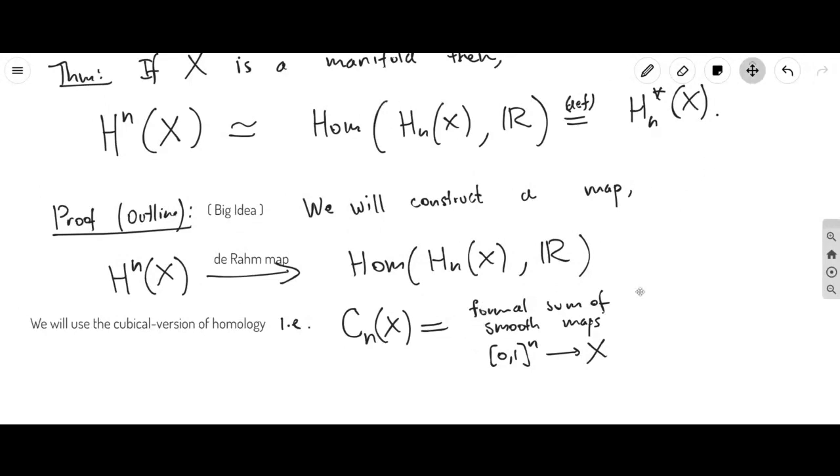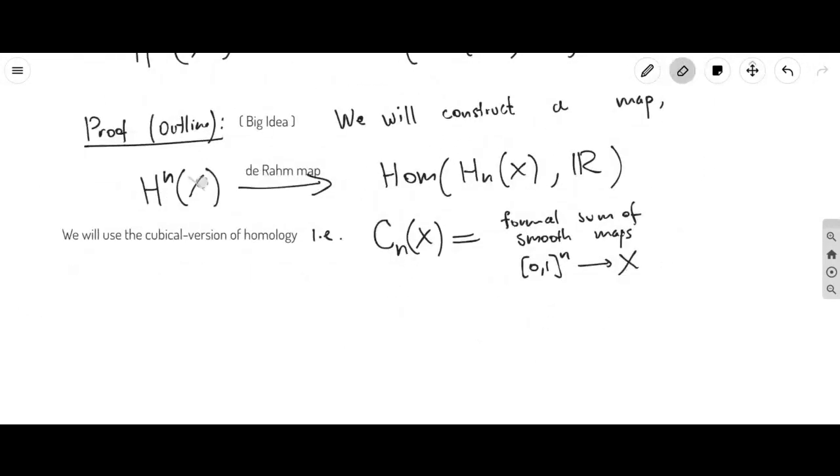Okay, so how do you go from here to here? Here's how you do it. The de Rham map. Given an element, an n-form.